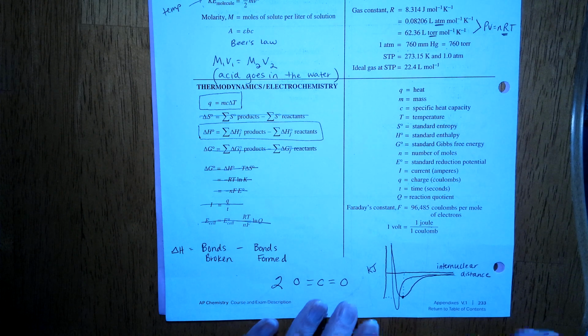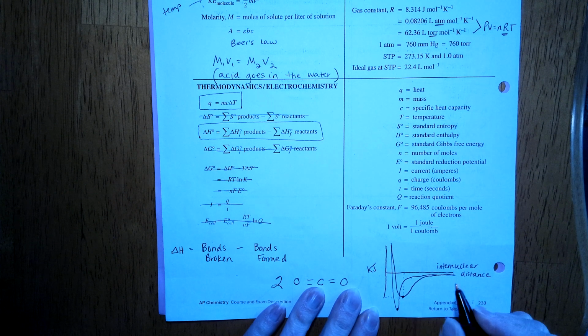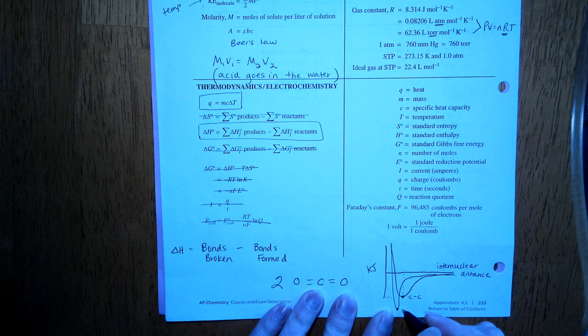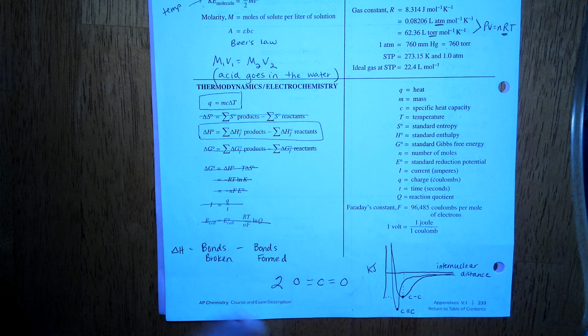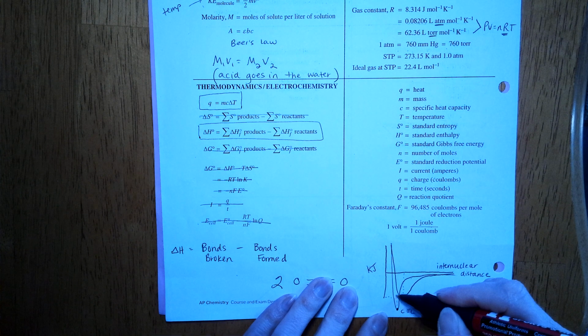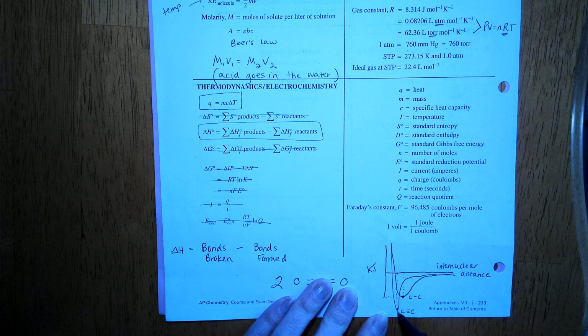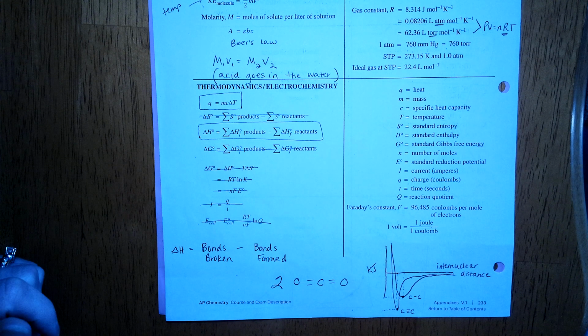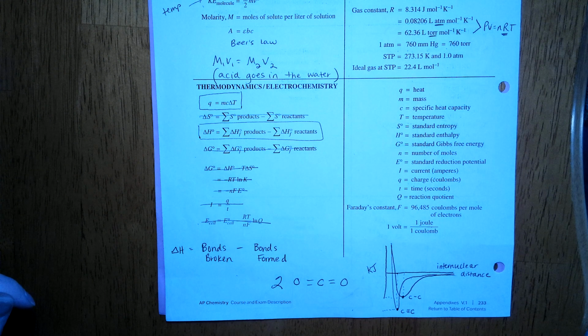Something like this, maybe this is a carbon-carbon single bond, and this could be a carbon-carbon triple bond, where it would be a shorter bond length, but it would take more energy to break that bond. More energy released when it formed, but more energy required to break the bond. That just totally popped in my head.